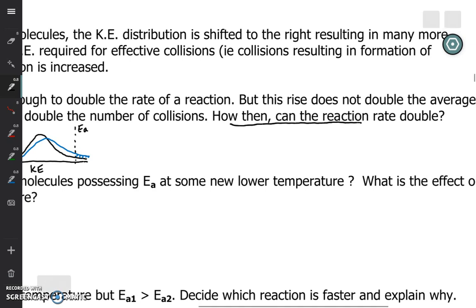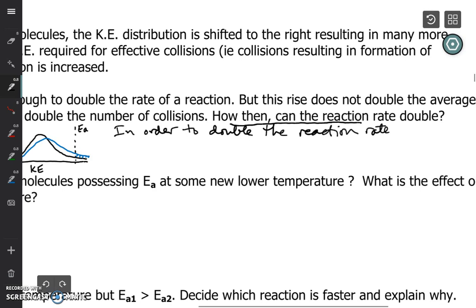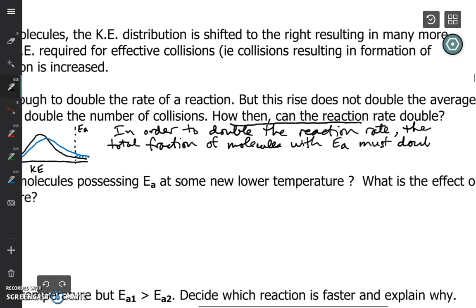Well, all that needs to happen in order to double the reaction rate is that the total fraction of molecules with that minimum kinetic energy, that activation energy or higher, must double.